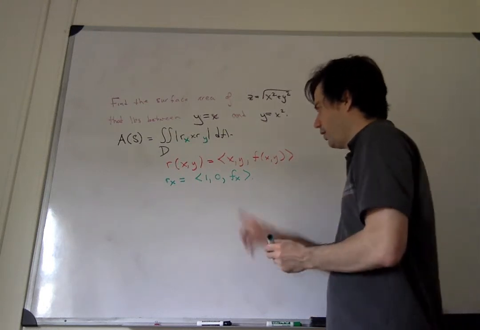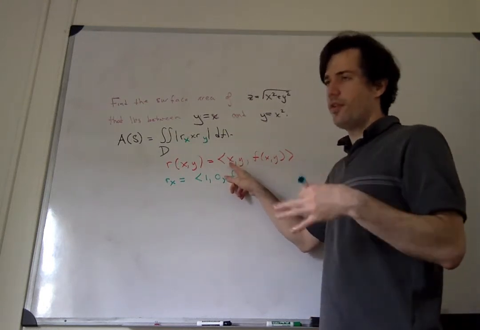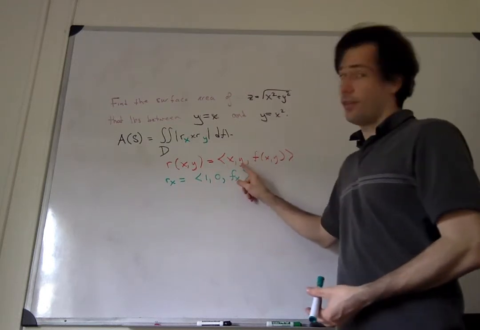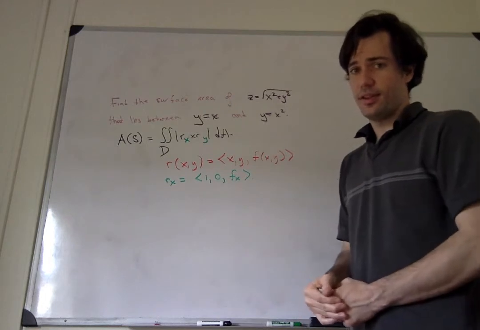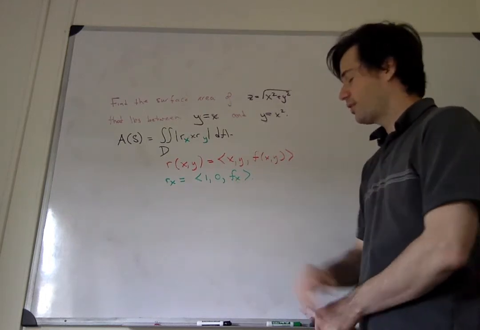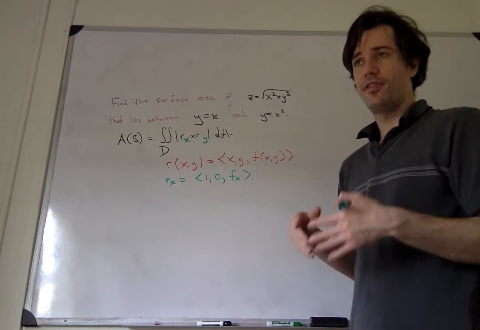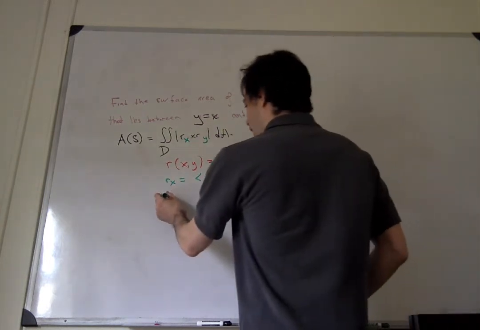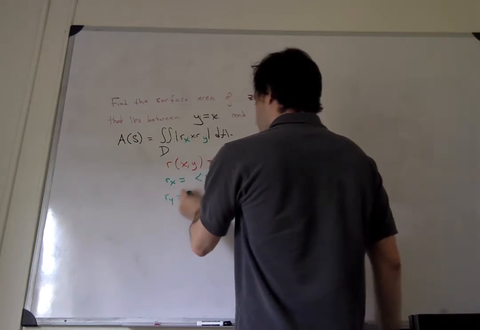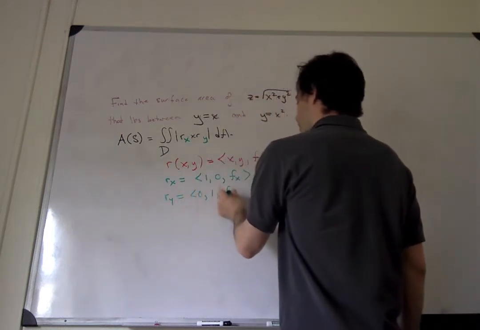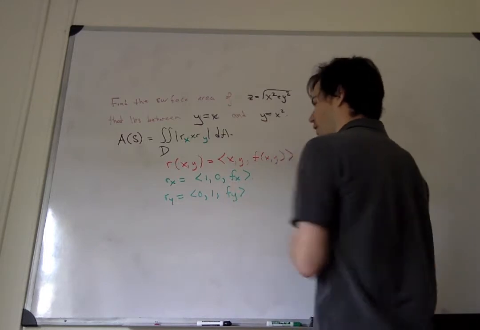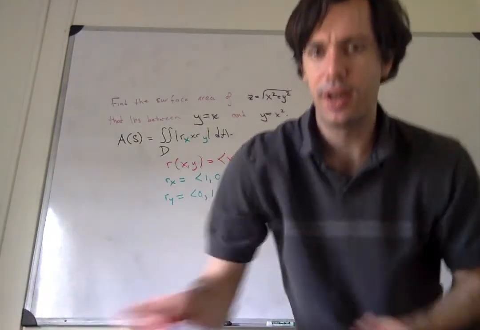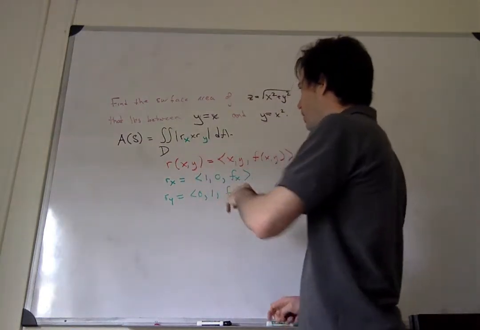The derivative of x with respect to x is obviously 1, the derivative of y with respect to x is obviously 0, and the derivative of f with respect to x is fx. Likewise, when I do this with respect to y, I get this. Using this information, I'm going to compute the cross product, because I need that.